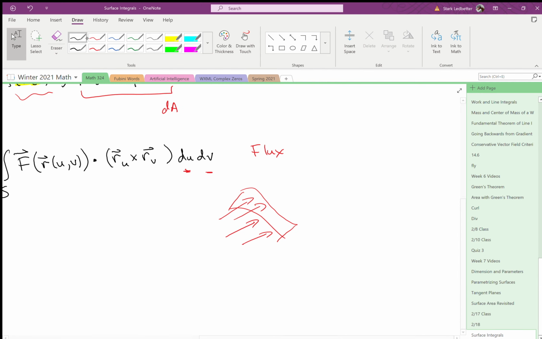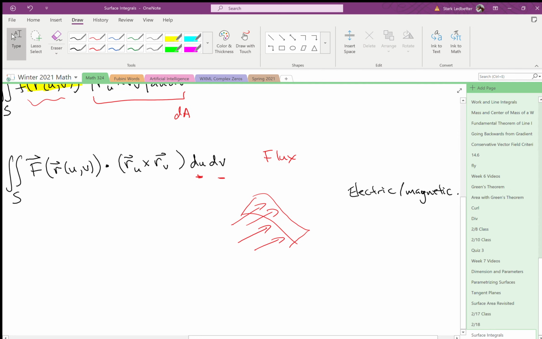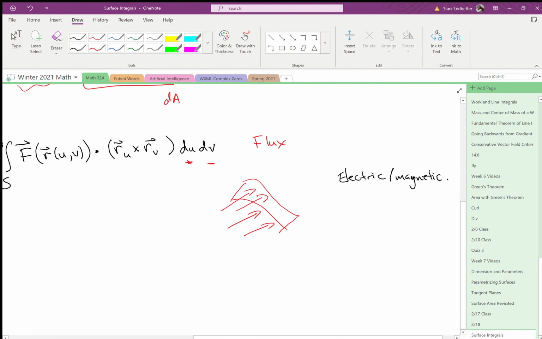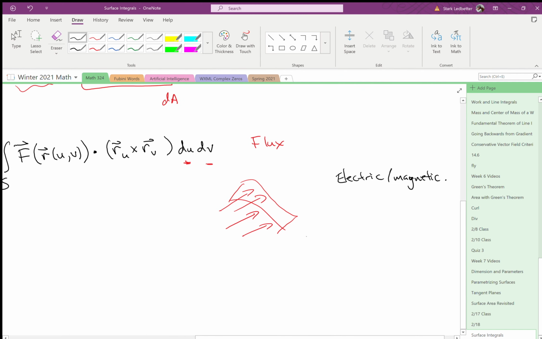It's also used if you look at electric or magnetic fields, we calculate flux all the time. Things that are going in and out of surfaces, and we'll talk about this later, but this can't be calculated for all surfaces. We'll talk about which surfaces are allowed and which aren't. And we'll give lots of examples.